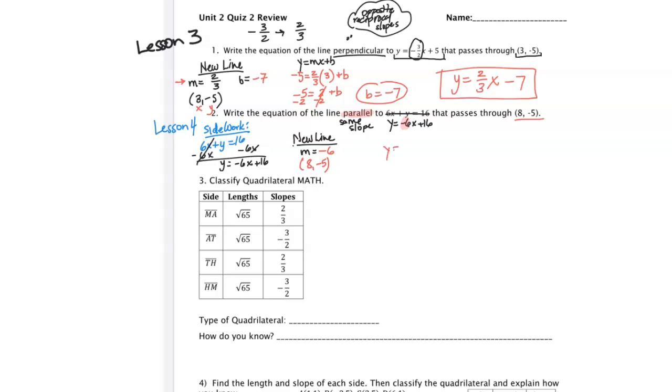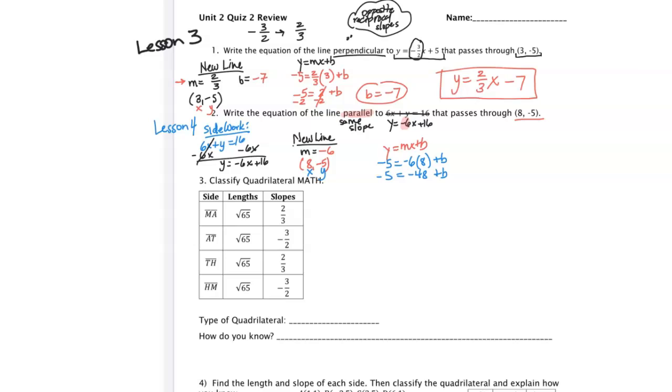And so now let's come up with our equation. So we have y equals mx plus b. Plugging everything in, we have our x and our y from our ordered pair. So negative 5 equals, our slope was negative 6, times our x, which is 8, and then plus b. Negative 6 times 8 gives us a negative 48 plus b equals negative 5.